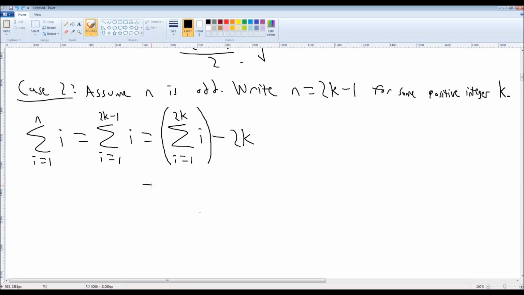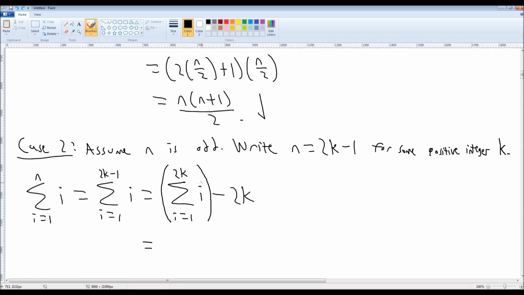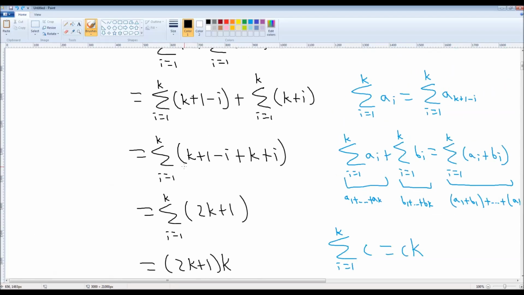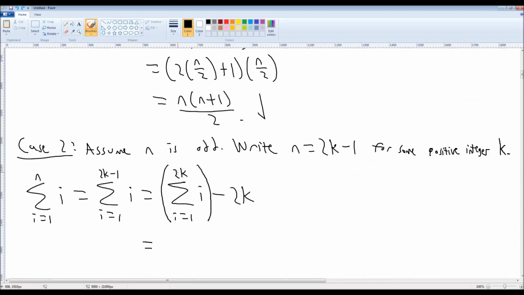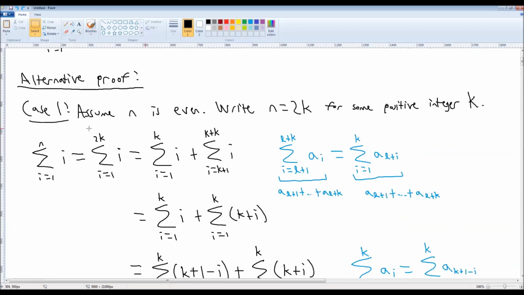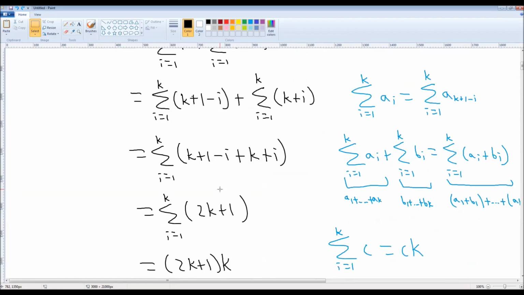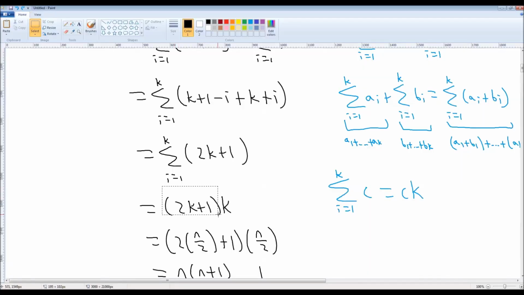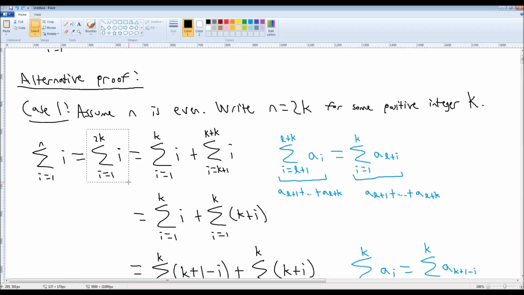And now here's what we can do. Since k is an integer, that means 2k is an even integer, and we proved earlier in case 1 that this formula holds for even integers. In particular, we can use this deduction here. If you had the sum from 1 to 2k, that's the same as 2k plus 1 times k. The part that says that this is equal to this doesn't really depend on what n is.